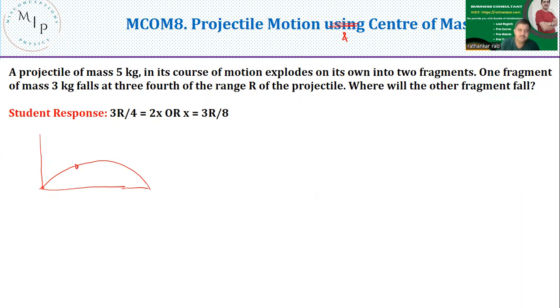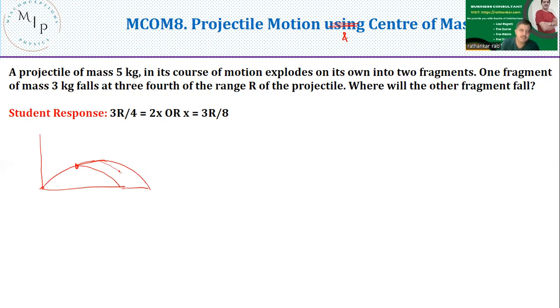Let me assume, this was the initial mass when it was thrown. When it came here, it exploded. One particle fell here at 3/4. The other particle went here and fell somewhere. Let's assume it fell over here.